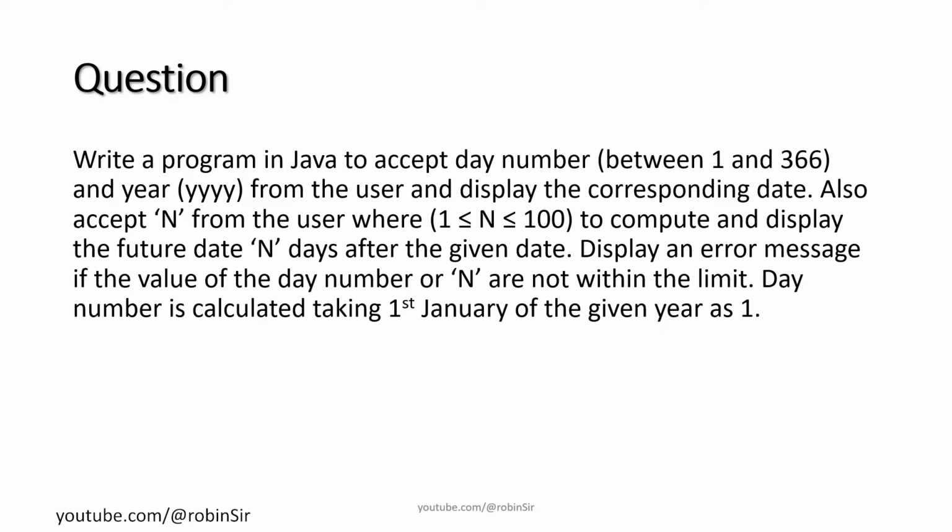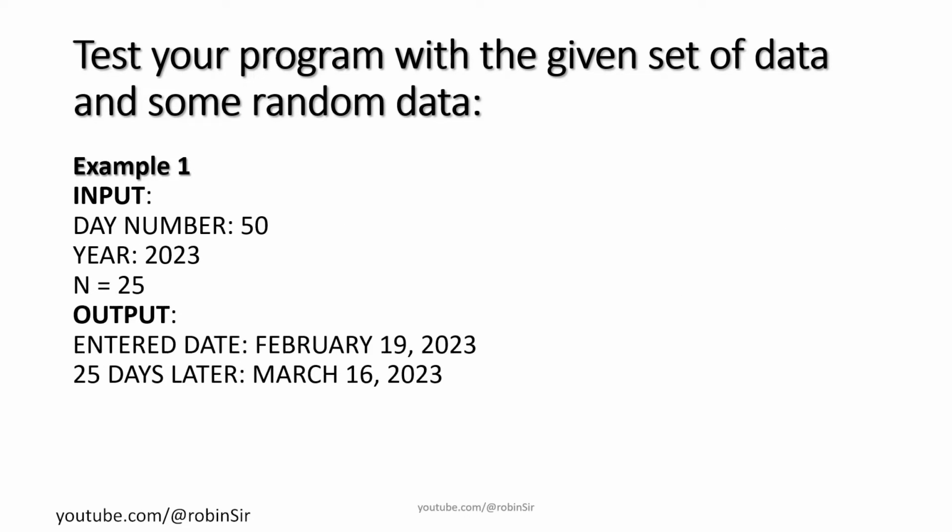So let's try to understand this with an example. If the user enters day number as 50 and the year 2023 and the value of n as 25, then the date that gets generated is February 19, 2023 and the future date, that is 25 days later, will be March 16, 2023.